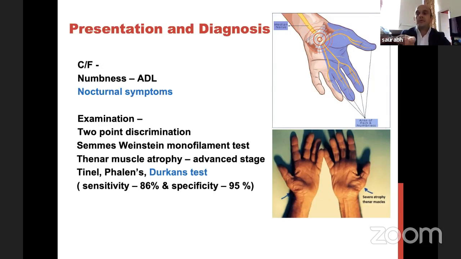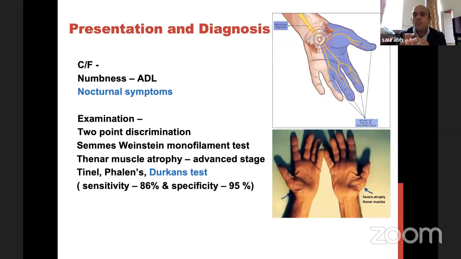Let's see if I can show you. So it starts with thumb abduction. Thumb abduction, that's abductor pollicis brevis. And then flexion happens, and then your thumb is pronating at the same time. So opposition again is abduction, flexion, and pronation.